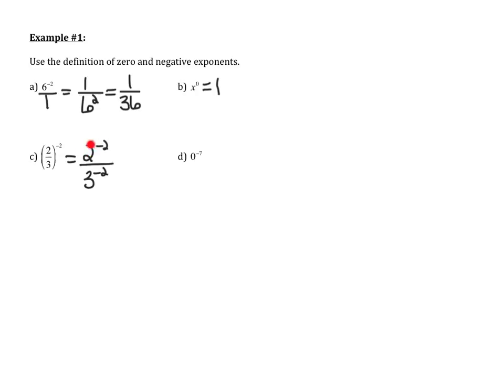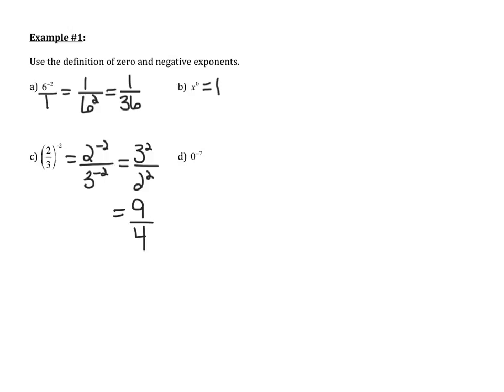So if I have a negative exponent in the numerator, I put it in the denominator and it becomes positive. So that would become 2 to the positive second. And I had a negative exponent in the denominator, so I'm going to put it in the numerator and have it become positive. So just to simplify that, I would end up with 3 squared is 9 and 2 squared is 4. So the final answer would be 9 over 4.